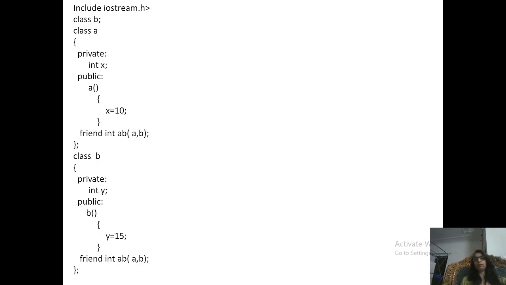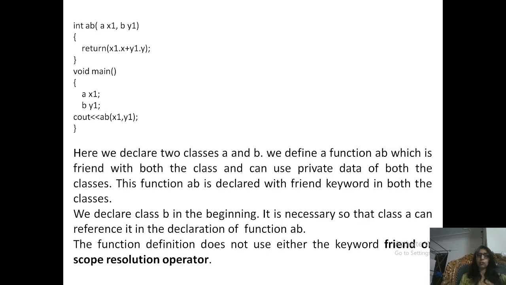So in x1 we have a variable x which has value 10, and in y1 we have a variable y with value 15. So now when we call function AB in the cout statement, you can see in the cout statement we can call the function. So here we are calling the function AB in the cout statement with two objects x1 and y1.